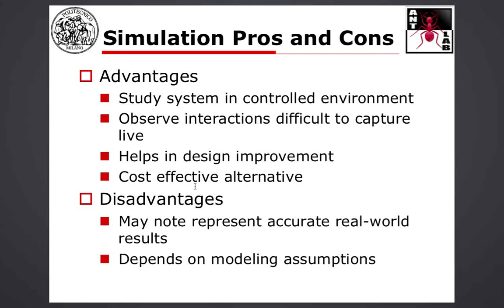And of course there are a lot of other pros in simulating. We can write the application once, test it, and then understand that maybe it's better to rewrite this part in this way in order to have a bit more efficiency.